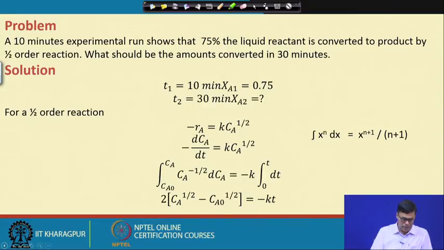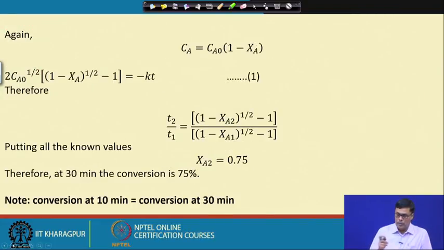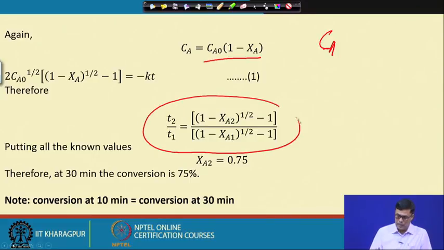Now here we have this equation, and at the same time we know that Ca equals Ca0 into 1 minus Xa at any point of time. So in this equation we can put the value of Ca, and then for two different times, T1 and T2, if the fraction Xa1 is converted at time T1 and Xa2 at time T2, then we can have the expression like this.